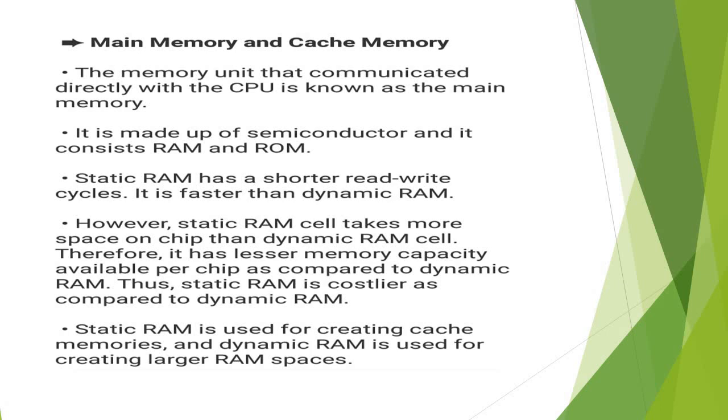Therefore, it has less memory capacity available per chip as compared to dynamic RAM. Thus, static RAM is costlier as compared to dynamic RAM. Static RAM is used for creating cache memories, and dynamic RAMs are used for creating larger RAM spaces.